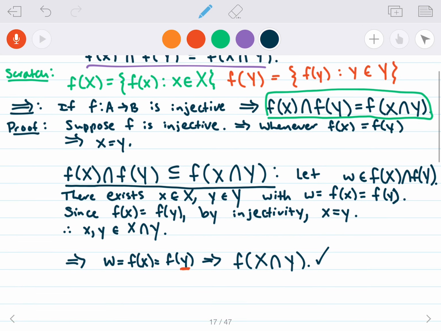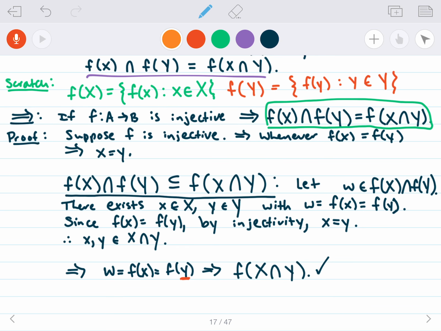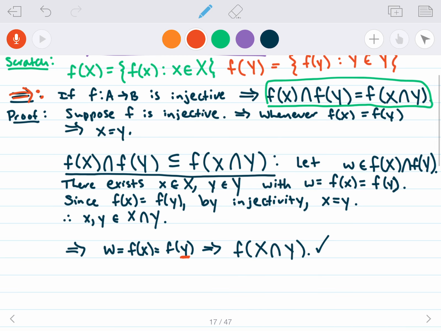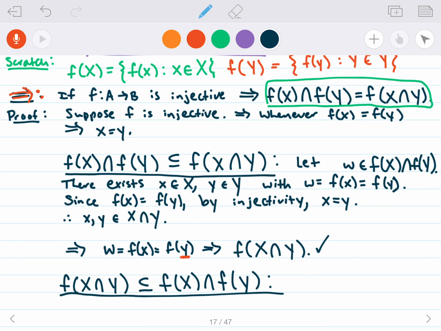So the second containment, we're still working on the forward direction that injectivity implies this set equality, but we need to do the other containment, which is f of capital X intersect Y is contained in f of capital X intersect f of capital Y. Okay, so let's go ahead and show this.